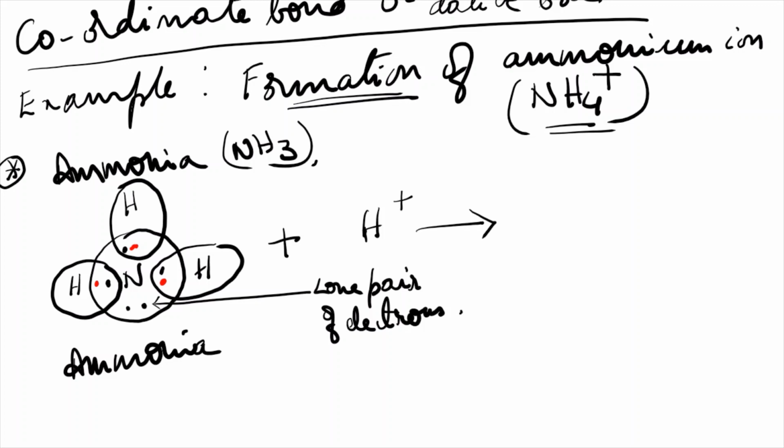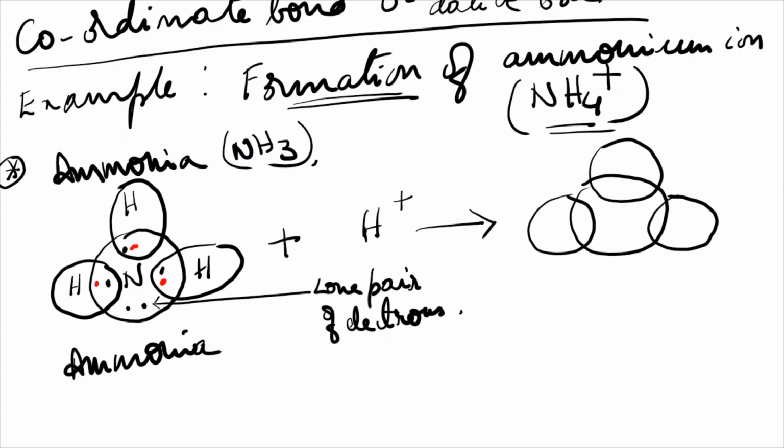Here, each of these three hydrogen atoms shared one electron with the nitrogen. They contributed one electron each in the formation of the ammonia molecule.